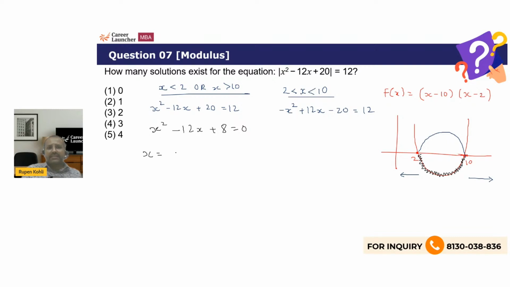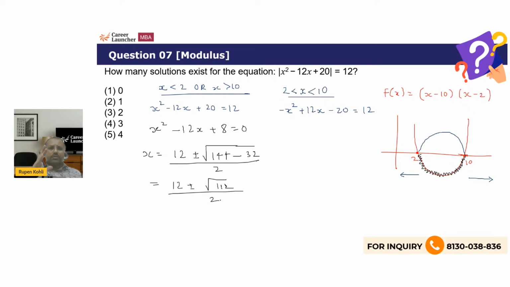I'm using the quadratic formula, minus b plus minus root of b square minus 4ac, whole upon 2a, right? So x is minus of minus 12, that is 12, plus minus the root of 12 square, 144, minus 4 into 8, 32, whole upon 2. This is 12 plus minus root 112 over 2.